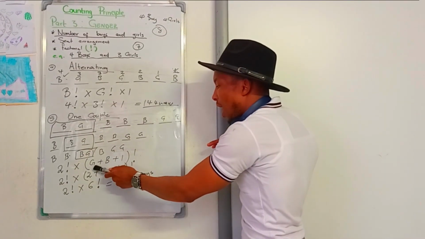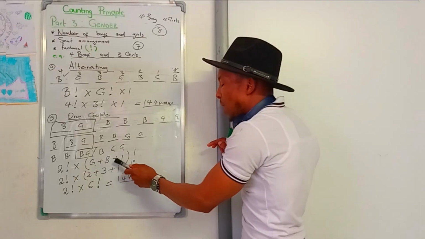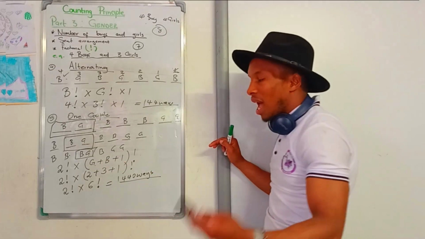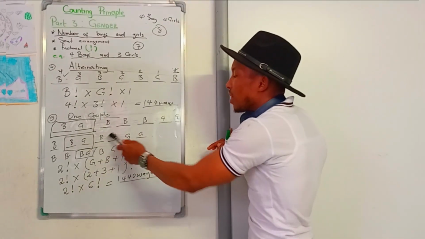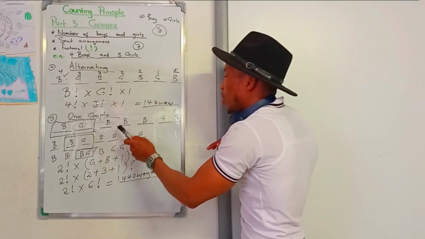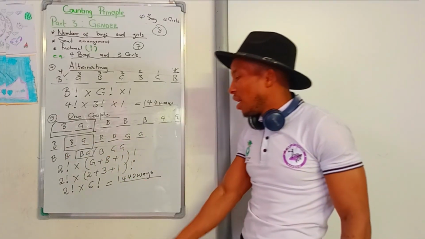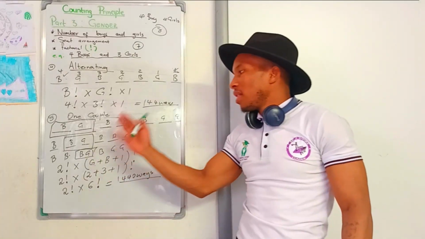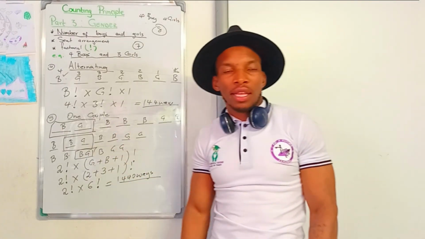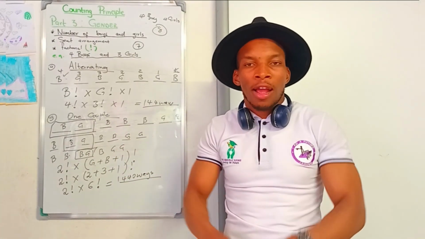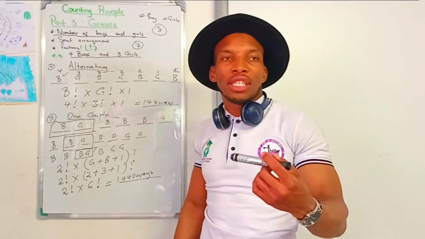Then this girls plus 1 plus boys plus 1 is just the number of boys remaining outside. Okay. Therefore, you count how many boys are remaining outside. Then you put factorial. Then you punch your calculator. Then you're going to get this gender arrangement. That is all about the gender arrangement.